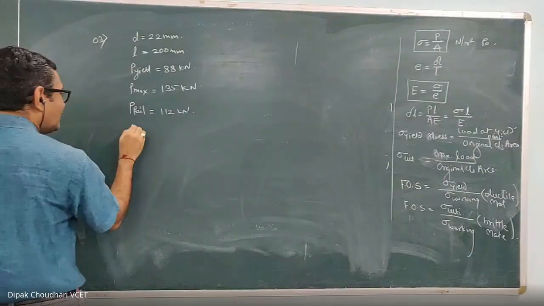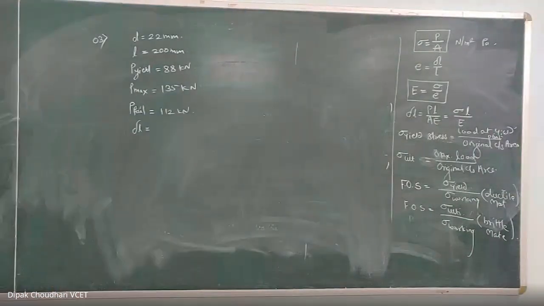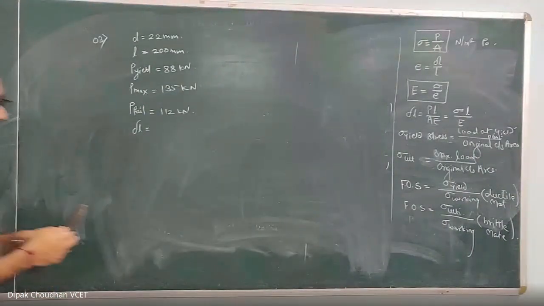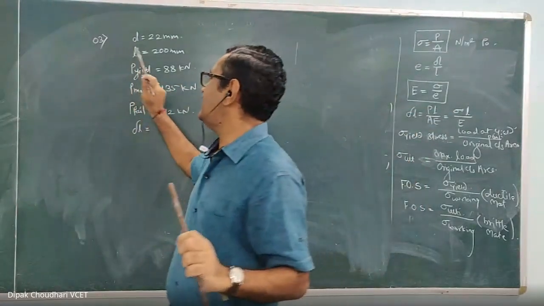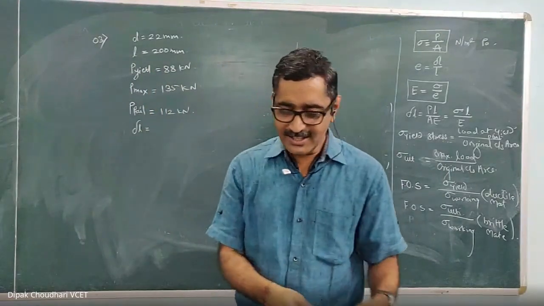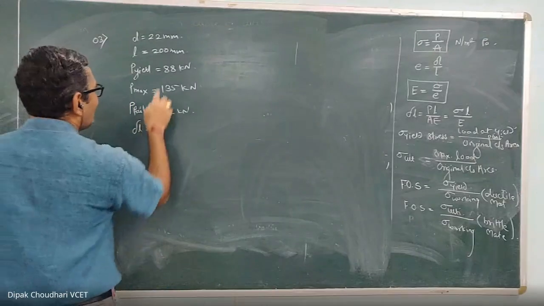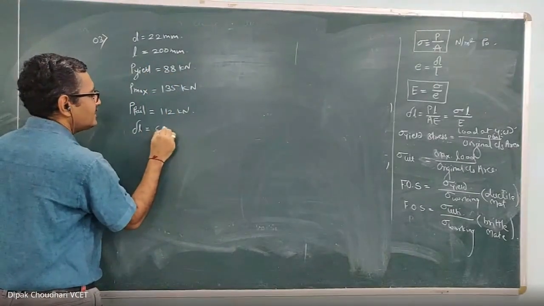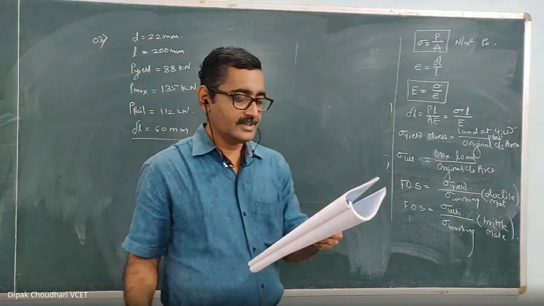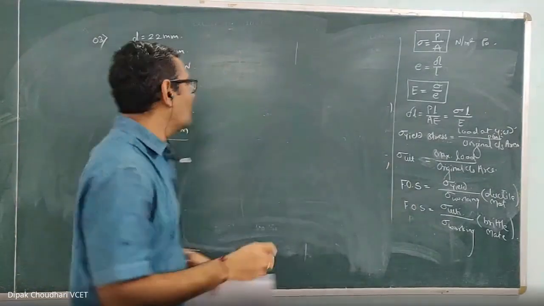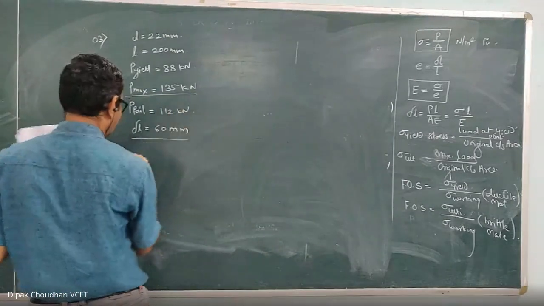And the total elongation after the failure of that component: in this gauge length, how much is the elongation? That elongation is given; the final length is not given. Total elongation over this 200 millimeter length is 60 millimeter at the time of failure. Elongation up to the maximum load, how much is it?